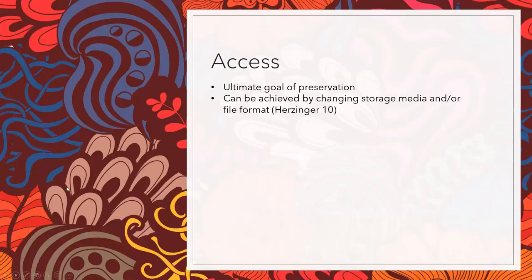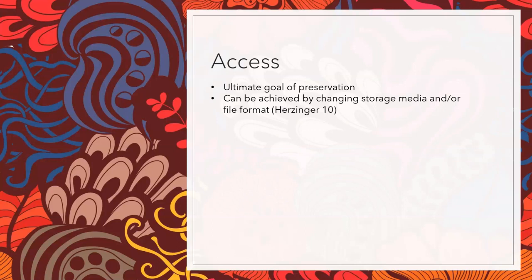Okay, related to that, the Herzinger article talks about how access can be achieved by changing storage media and/or file format. If you have a storage media, such as a floppy disk or a hard drive, that is at risk of becoming obsolete or inaccessible, then you may have to change that in order to provide access.